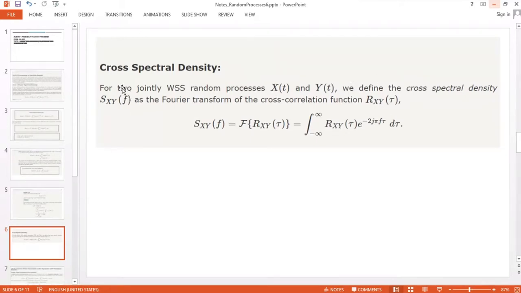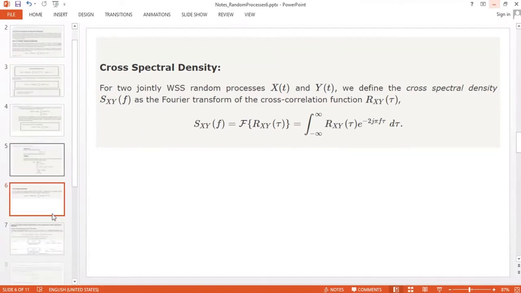Then we are able to define the cross spectral density, denoted by S_XY(f), and it is again the Fourier transform of the cross correlation function R_XY(tau), with the Fourier kernel, integrated within the domain minus infinity to plus infinity.